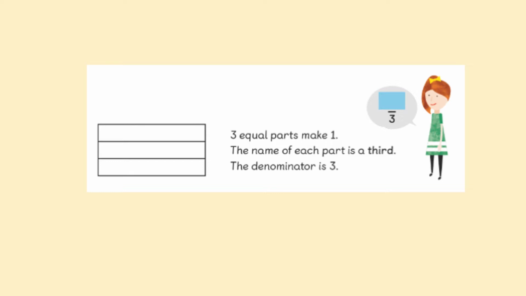So the whole big rectangle is 1 and it's got 3 equal parts inside. The name of each part is a third, so the denominator, the number on the bottom, is 3. We don't know what's on top yet, what would go in that blue square, because nothing has been shaded in. But already we know that this is part of the thirds family.